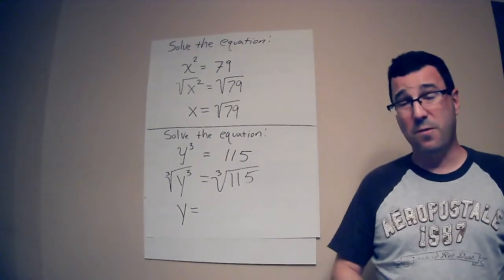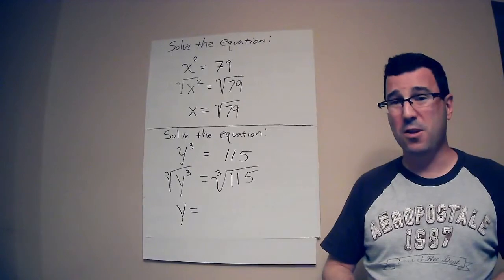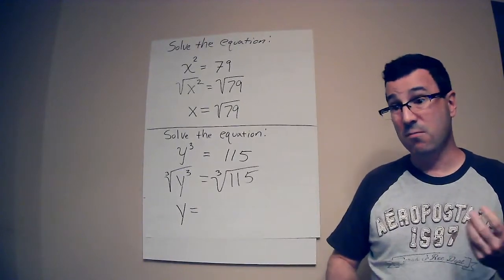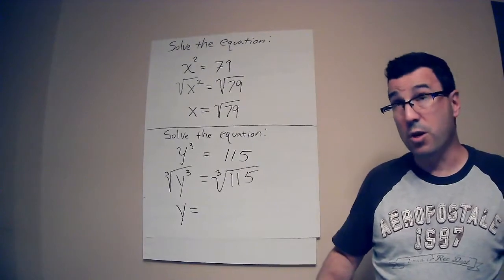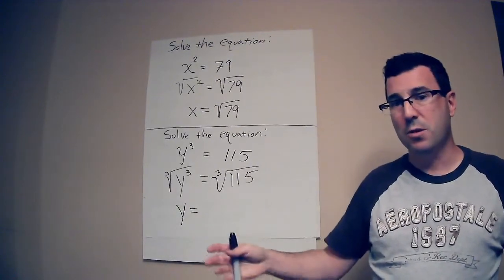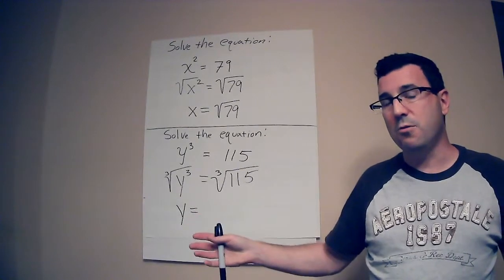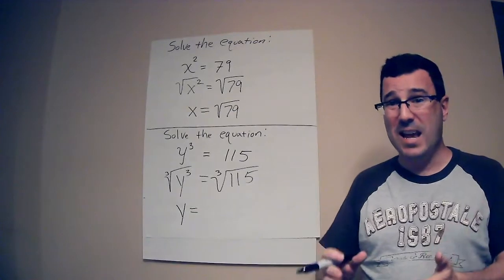Cube root of 115, again, 115 is not a perfect cube. You have 64, which is 4 cubed, and then you have 125, which is 5 cubed, but neither one of those is 115. So again, I want an exact answer.